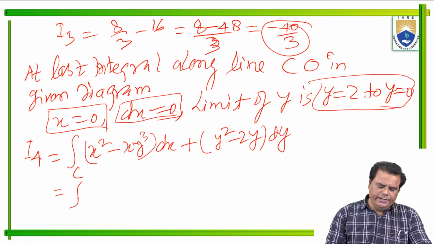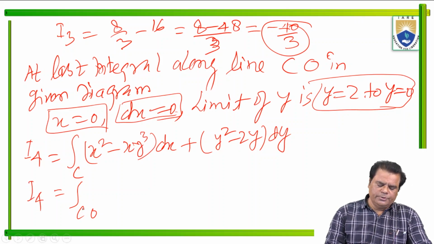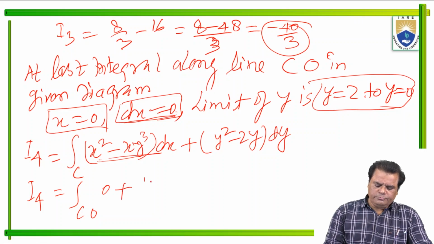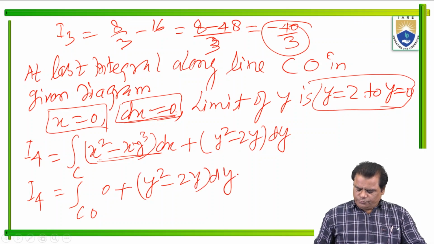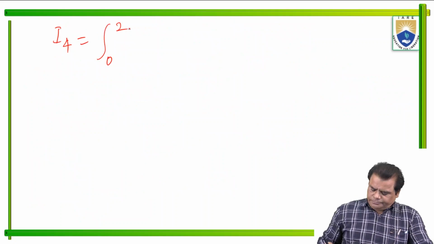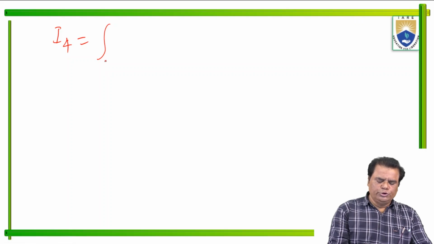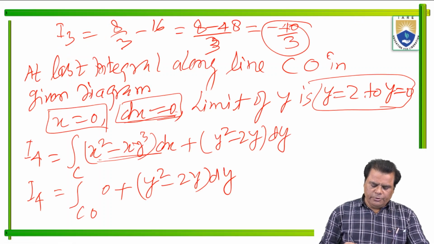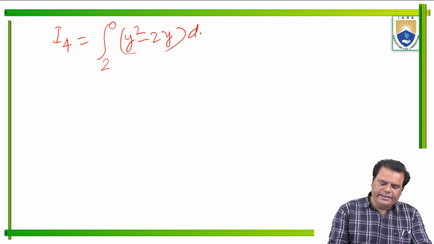So putting dx 0, this term is 0, and we are left with the integral from 2 to 0 of y square minus 2y dy.